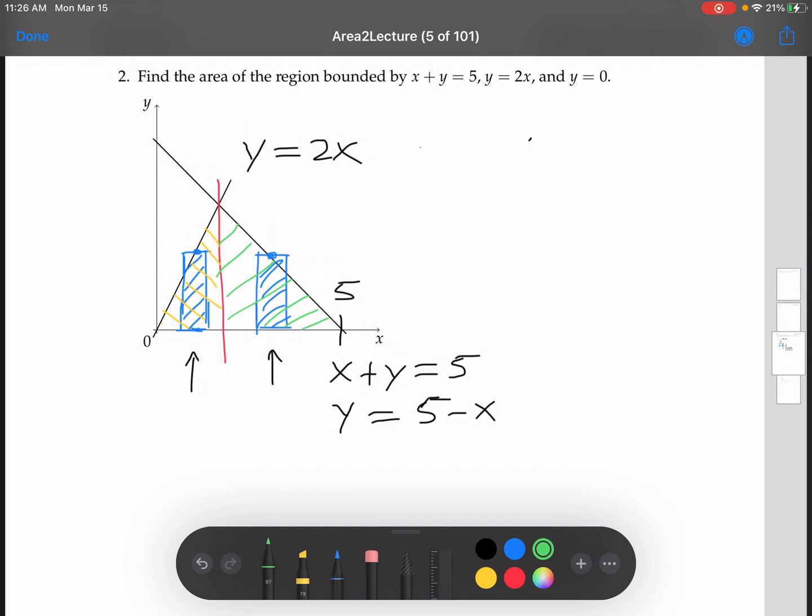And so our area: we're going to start at 0 and stop somewhere. Somewhere will be right there. The topmost there is 2x, so we have 2x minus 0 dx. Well, 2x minus 0 is just 2x, so we'll write this as just 2x dx.